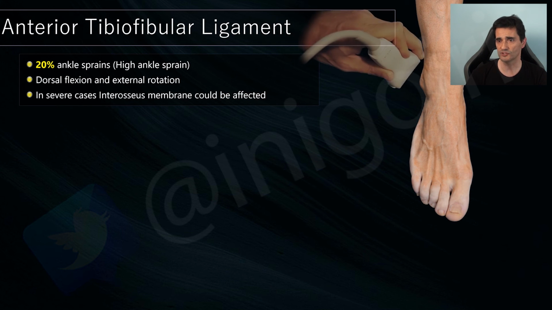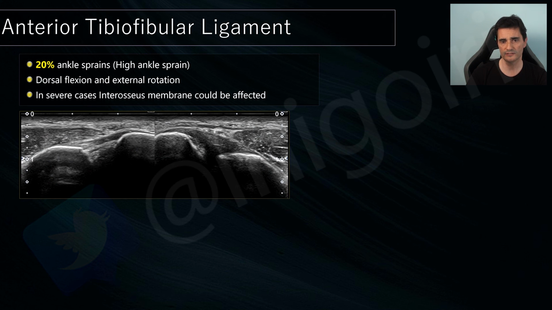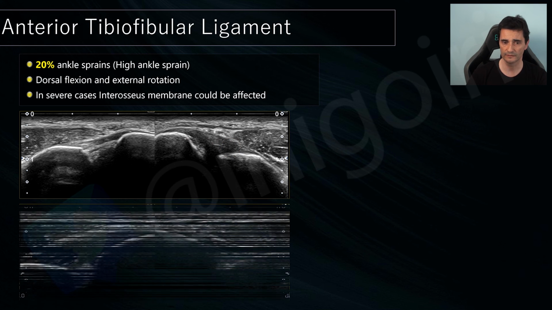Don't forget the orientation of this anterior tibiofibular ligament, 45 or 50 degrees. And this is a comparison between the normal side and the affected one here. Okay, you can notice the thickening and hypoechoic affection of this ligament without loss of continuity. Again, this is a grade 1.